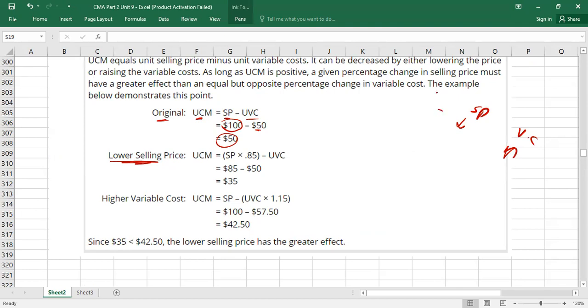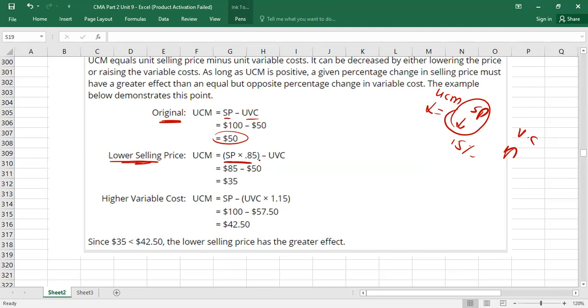Both would result in a reduction in the unit contribution margin. But let's prove it. This is my original data, and my original contribution is 50. So let's first decrease selling price by 15%. I'll take selling price multiplied by 0.85, because I always assume selling price equal to 100%.